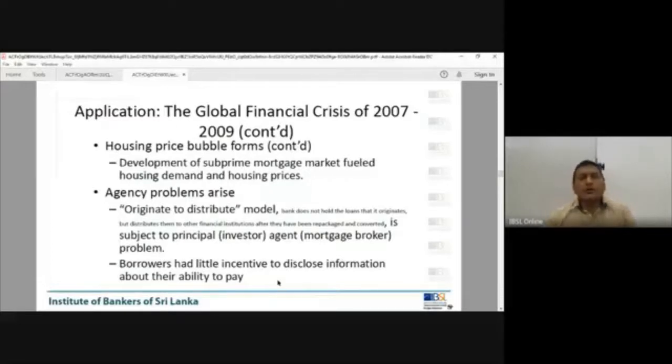So they do not hold the loans that they extended in their portfolio, they basically pass them on, and the financial intermediary who buys them also does not intend to keep them in its portfolio. They also try to originate to distribute. They also try to repackage and convert it and sell it to another financial intermediary.